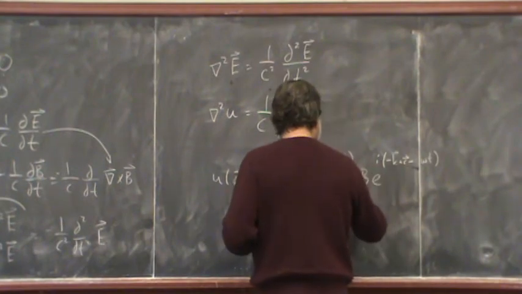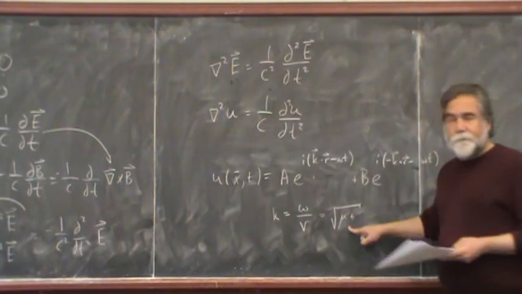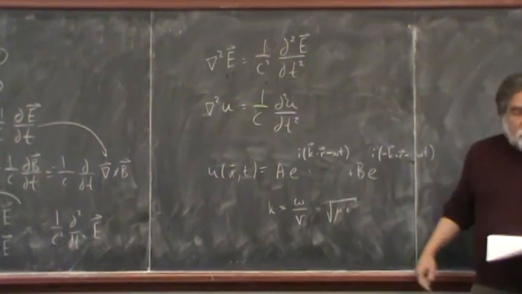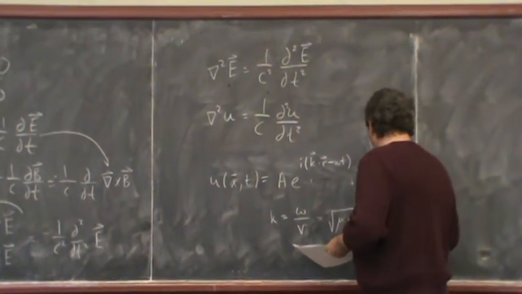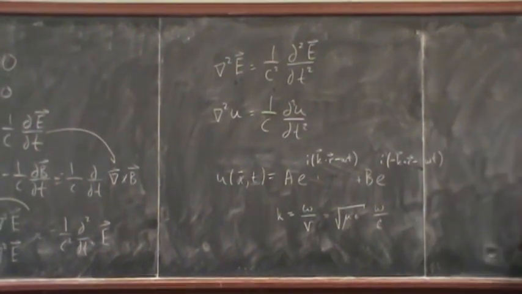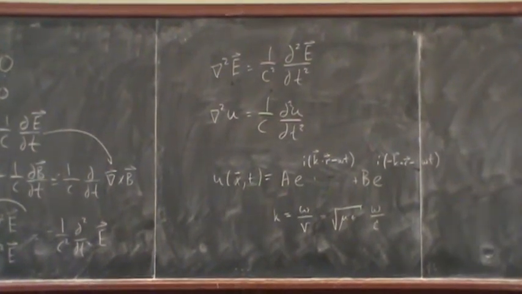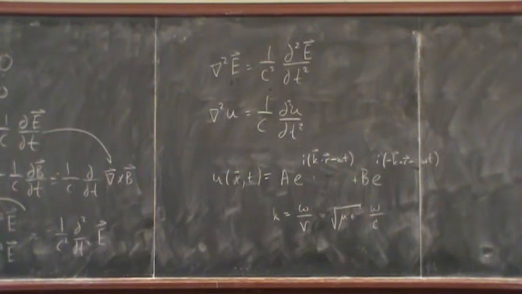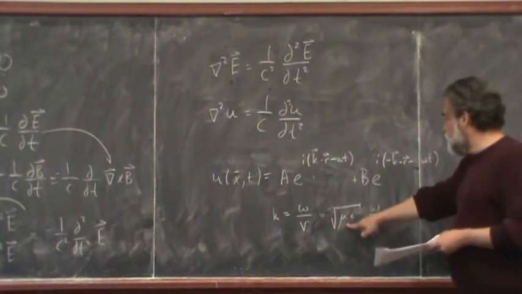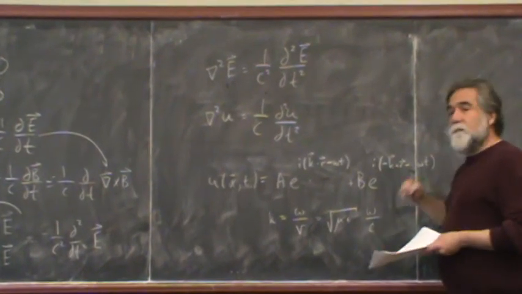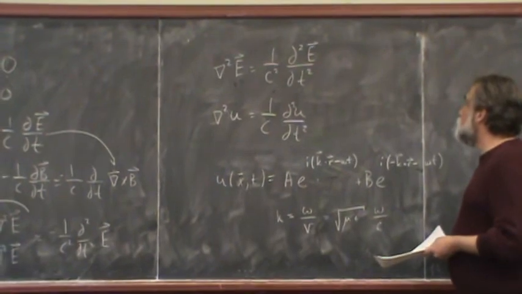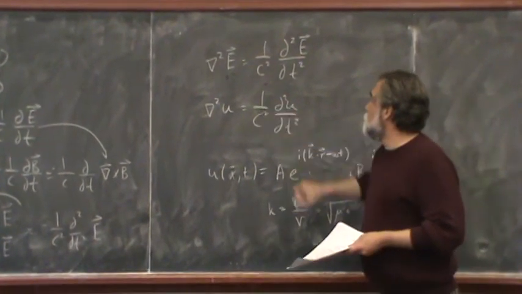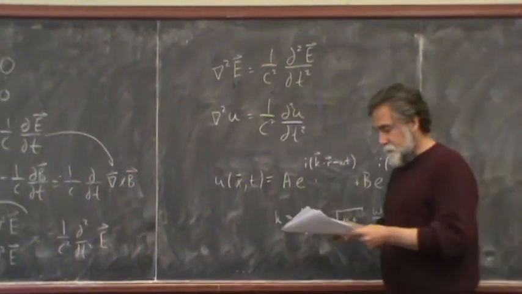In MKS, I would just use mu naught epsilon naught. Well, actually, mu epsilon would be fine, just the way it is. In CGS, you use the relative permittivity and permeability.